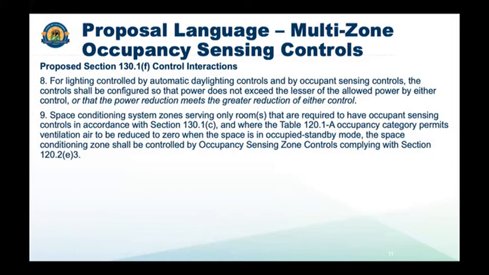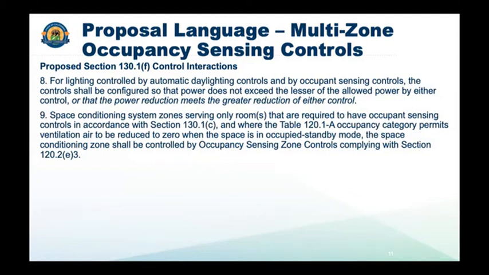When the space is required to have occupancy sensing and the ventilation air is permitted to be reduced to 0 during occupied standby mode, the space conditioning zone shall be controlled as specified in section 120.2E3.